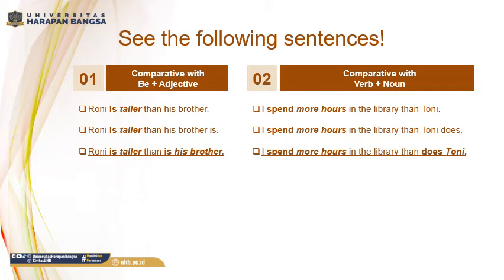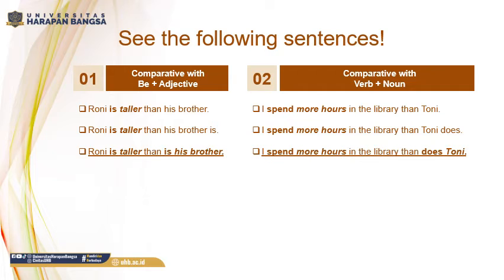Ada be is, kemudian adjektif tall. Bentuk komparatifnya ada pada er ya. Jadi kita bisa bilang Ronnie is taller than, dibanding siapa? Dibandingkan saudara laki-lakinya. So here we change the position of subject and verb.